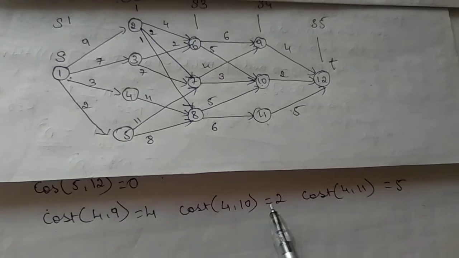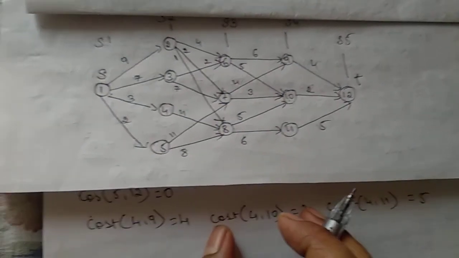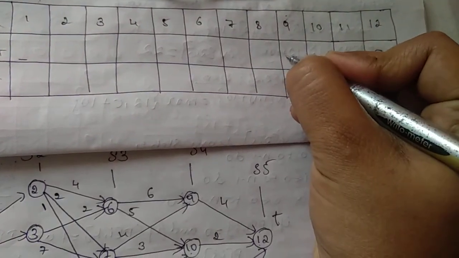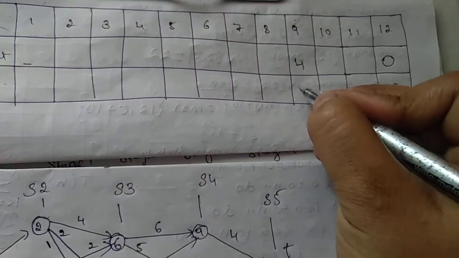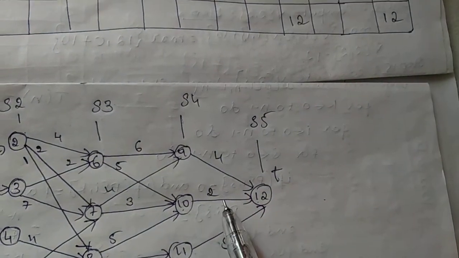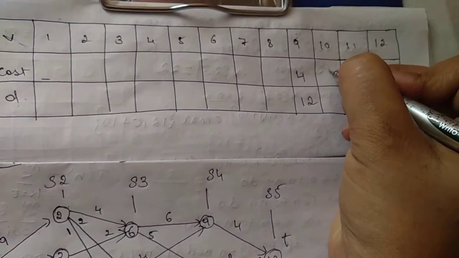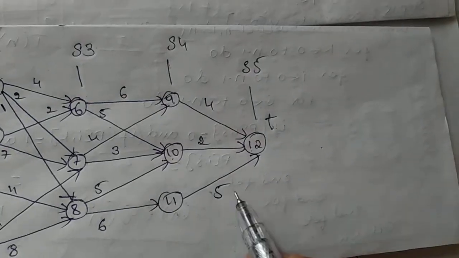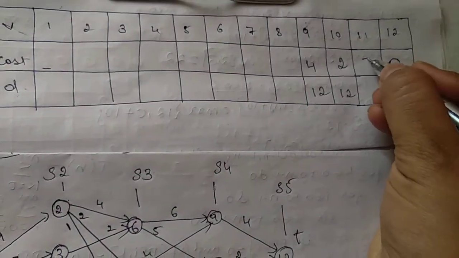What are the costs? 4, 2 and 5. So I'll update this here. What is the cost of 9? It is 4 and it is reaching 12. 10, 2 towards 12. 11, 5 towards 12.